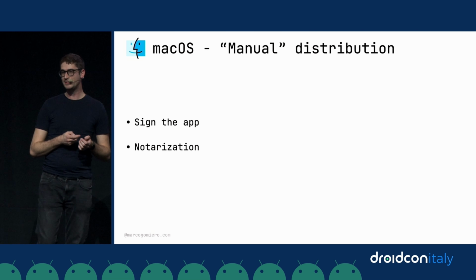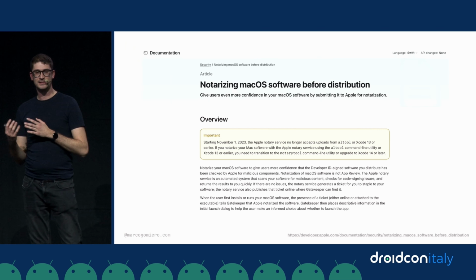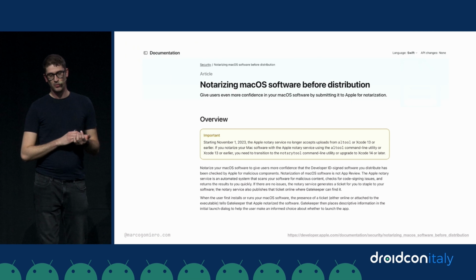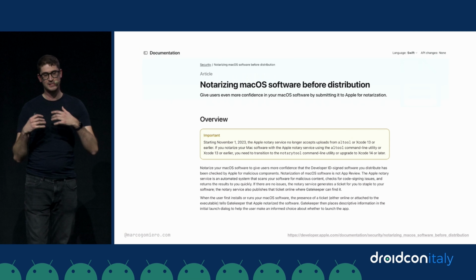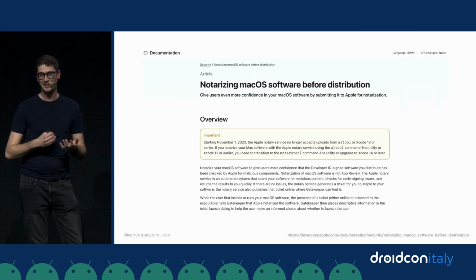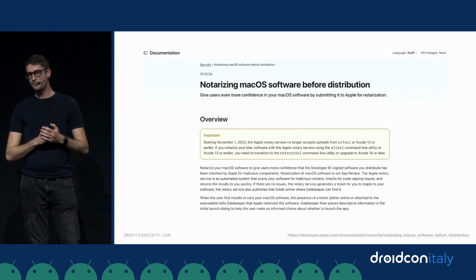Basically, all the apps that are distributed outside the App Store need to be notarized, which is a process where you send the binary to Apple, Apple scans it to check whether you're submitting malware, checks if you signed correctly, and if they are happy with that, they're going to stamp it. That's the actual name of approving. Like in a notary, you get a stamp on it.